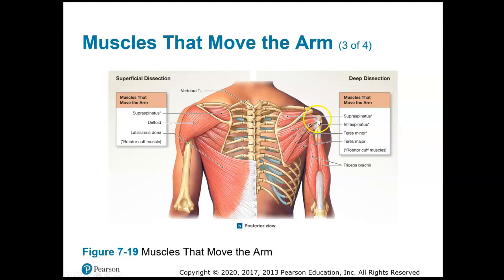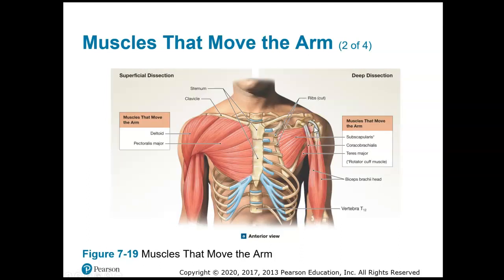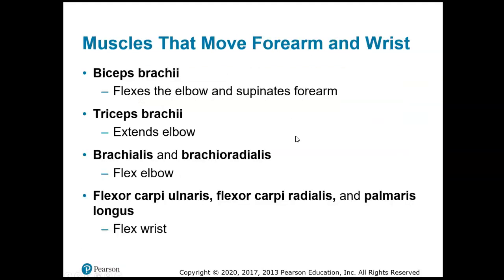Okay, so the insertion is here on the head of the humerus. So we've got 3 of the rotator cuff muscles here, the supraspinatus, the infraspinatus, and the teres minor. And then on the previous slide, we have the subscapularis. Those are the rotator cuff muscles.